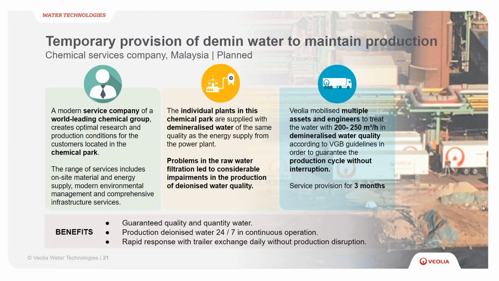What is very important for you to understand is that with a fixed plant or with our mobile, we use the same kind of contracts with the same quality and quantity of water that we guarantee to the customer. The production of deionized and demineralized water was 24 hours continuous operation. And we had a happy customer, as we were on site within 3 days. So it really avoided any production disruption longer than expected.